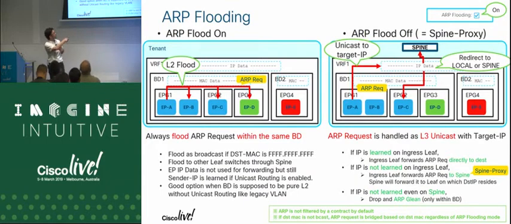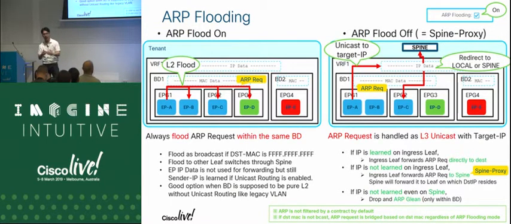So what happens is a packet comes in, it's an ARP request, and ARP flooding is off. We check the target IP in the ARP header. Then first we check the endpoint table for that IP address. If it's there, we directly send it to that destination. But if it's not in the endpoint table, we move on to the routing table.